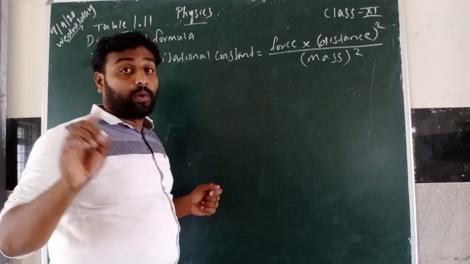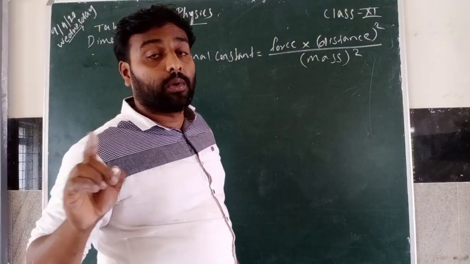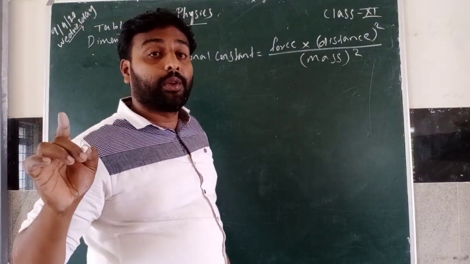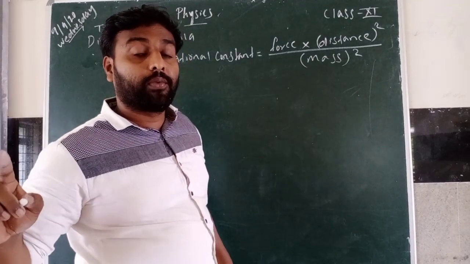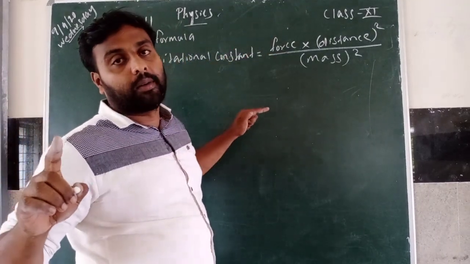You have to learn all the formulas. It is very important to learn the formulas. I told you in the previous video, you have to refer to page number 10 for learning all these formulas.